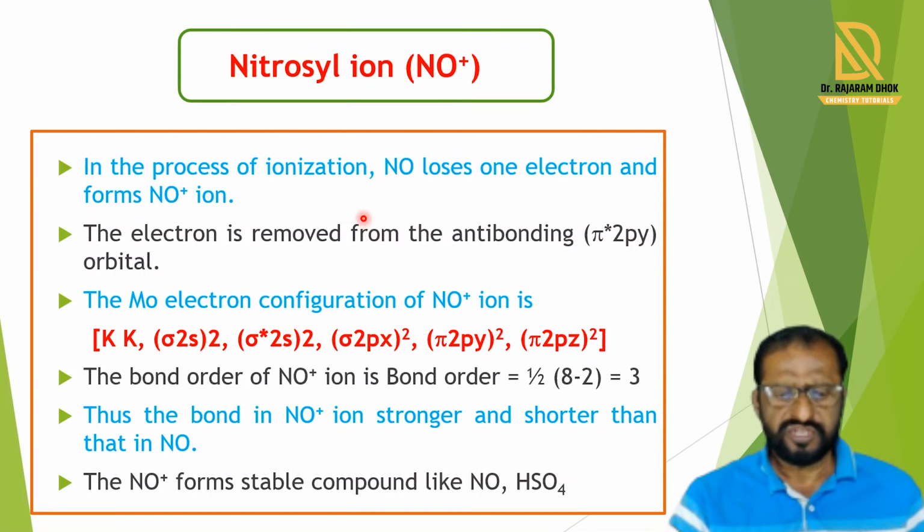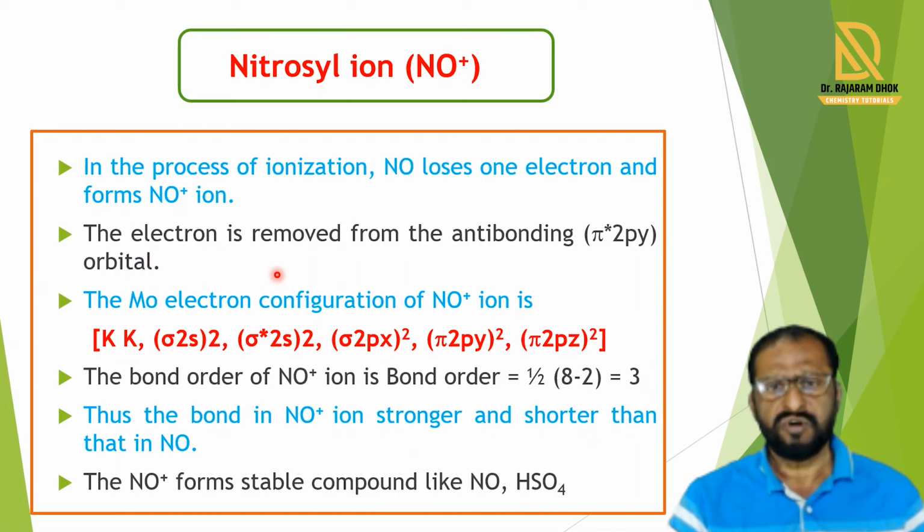In the process of ionization, NO loses one electron and forms the NO plus ion. So when one electron is lost, the number of electrons present in the NO plus ion is decreased by 1. One electron is removed from the antibonding pi star 2py orbital, and we can draw the diagram in a similar way to that shown for the NO molecule.